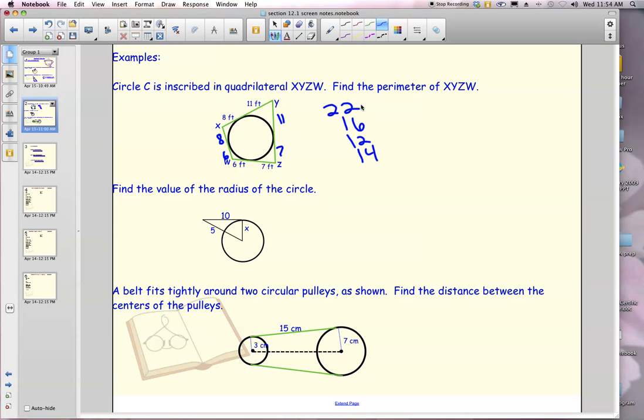And that would give us 30, 52, 62, 64 would be our perimeter. And it's in feet, it looks like, so we would say the perimeter around that would be 64 feet. Okay. That's how we would use that theorem.